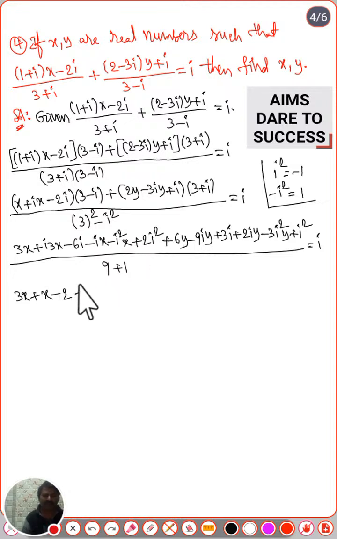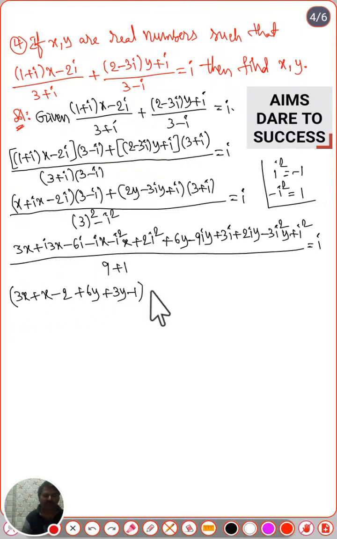Coming to here, plus 6y. Next, without i, coming to here, i square value is minus 1, minus i square value plus 1, that is plus 3y. Coming to here, i square value is minus 1. So these all are real values.